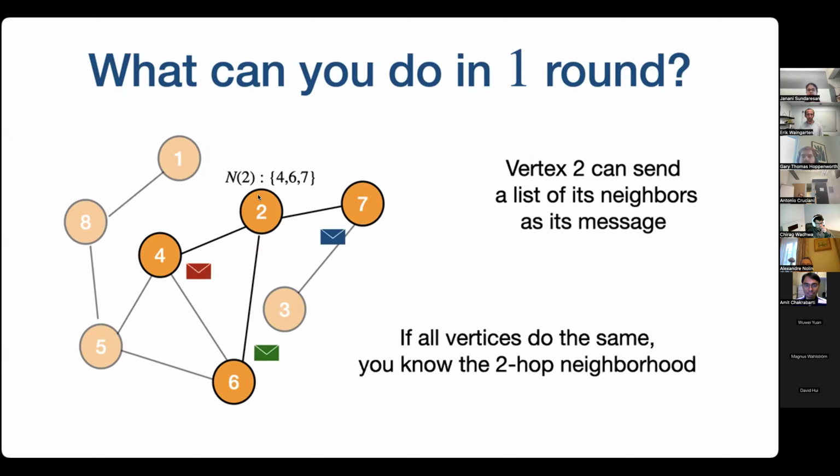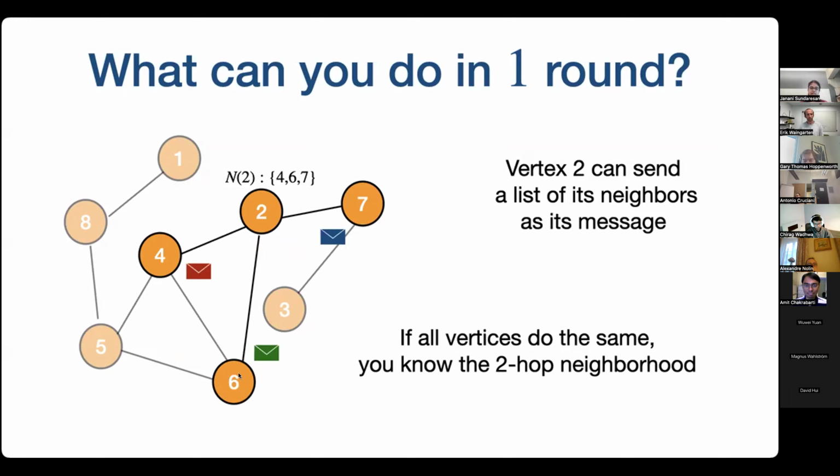So vertex 2 is just trying to communicate its neighborhood to its neighbors. And if all the vertices do the same thing in the first round, then they're going to know the entire two-hop neighborhood surrounding them. Because now let's look at the 6 vertex, for instance. It knows that it has edges to 5 and 4, but it also knows the edges that 4 and 5 themselves have, and the same thing is true for vertex 2 also.